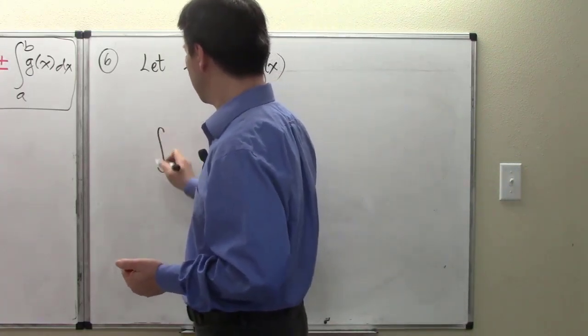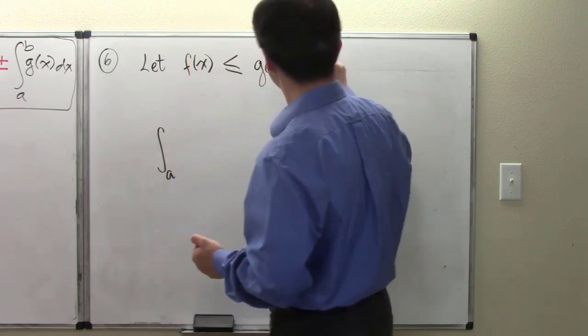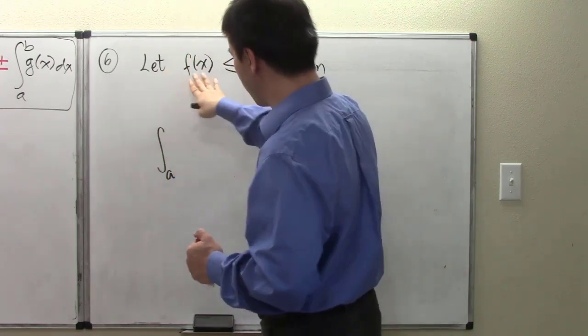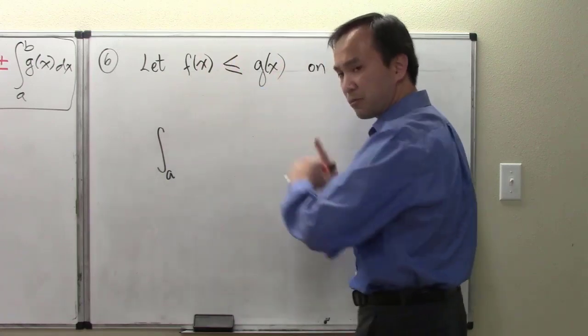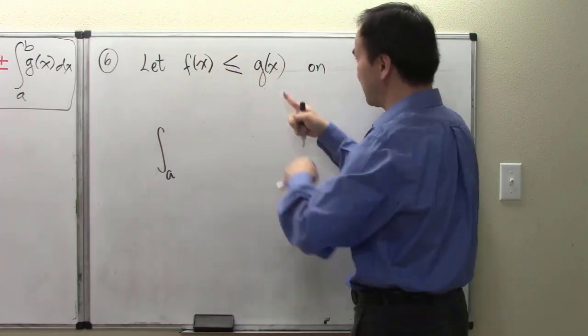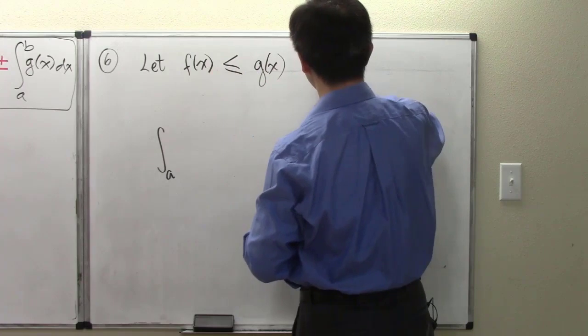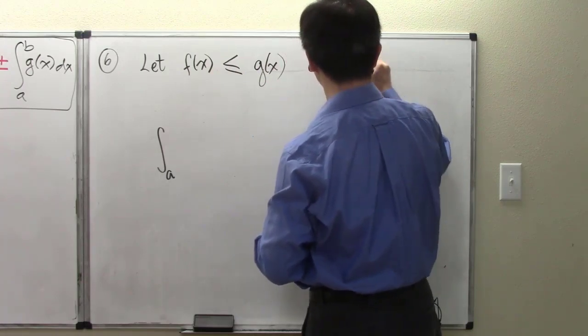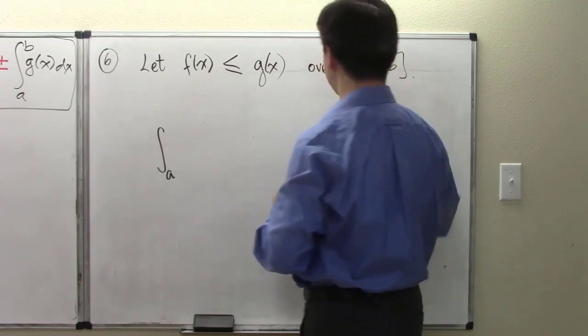To be precise, let f of x, at least we recognize this property, the inequality between the two functions over a finite interval from a to b. I should have had that right from the beginning.